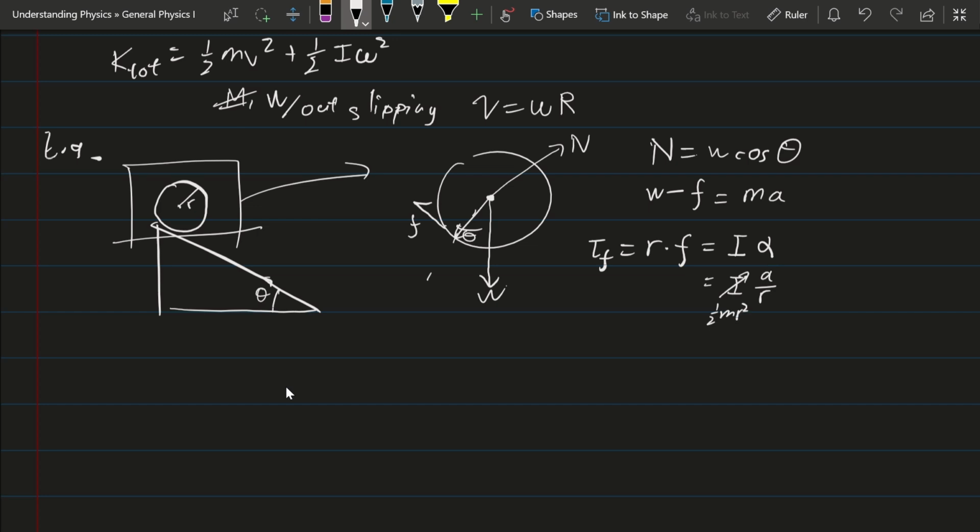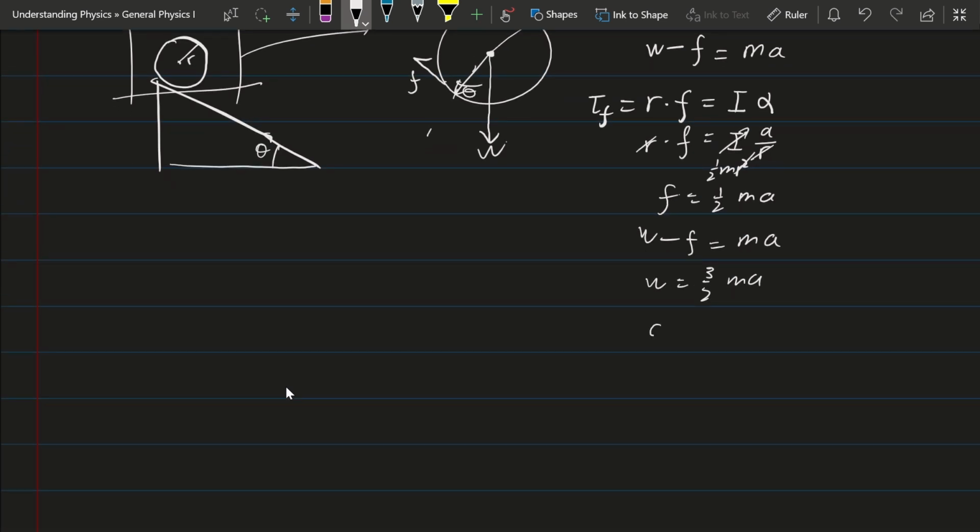And then after that, the friction is something that we don't know, and the R is something that we still don't know. So in here, we could cancel out these R's to figure out that the friction should be half times m a. So with this, we could figure out that the weight minus friction should be m a. So the weight is 3 over 2 of the m a.